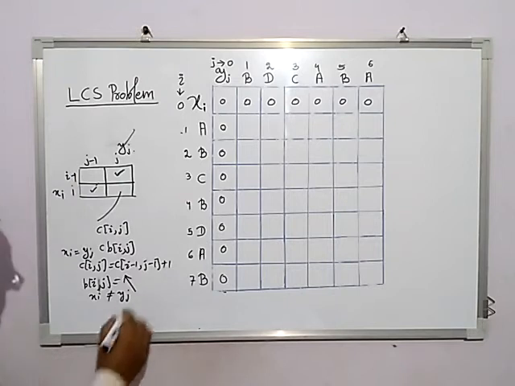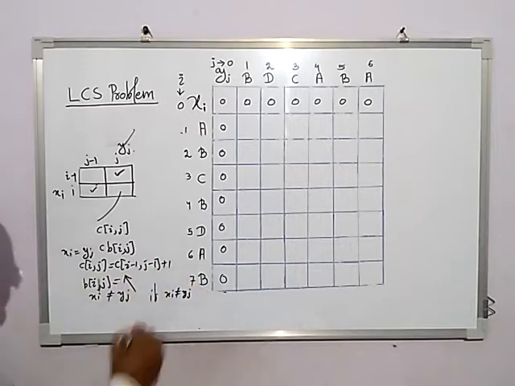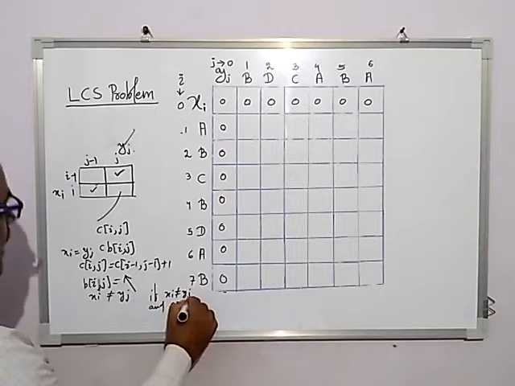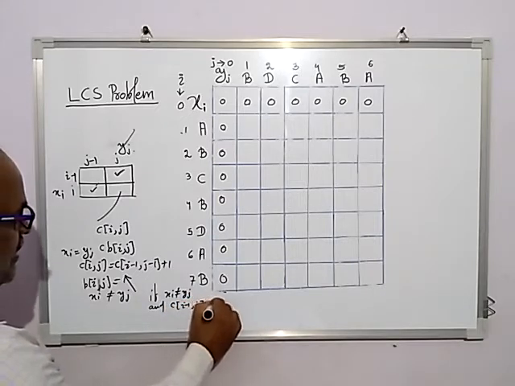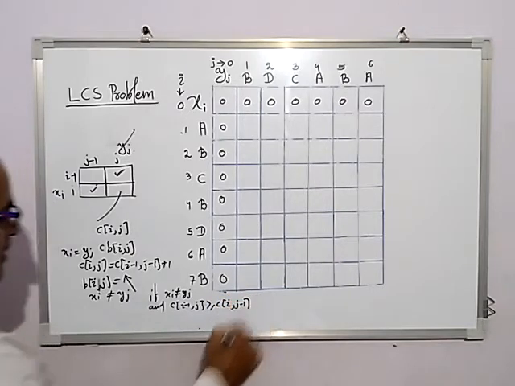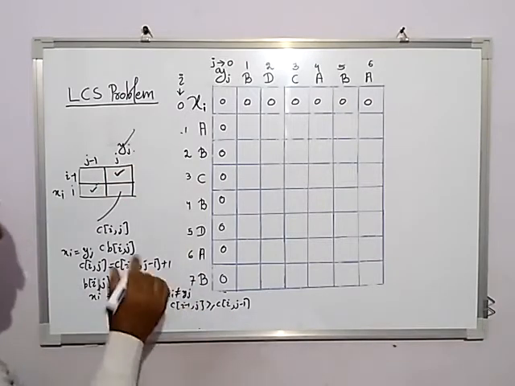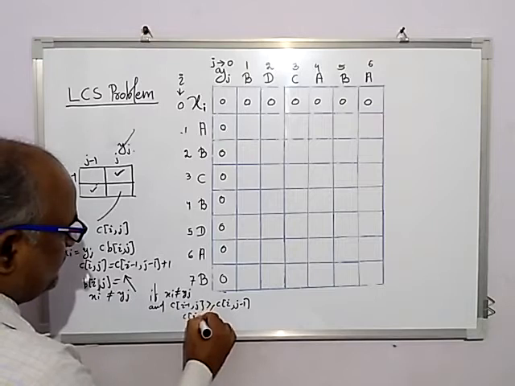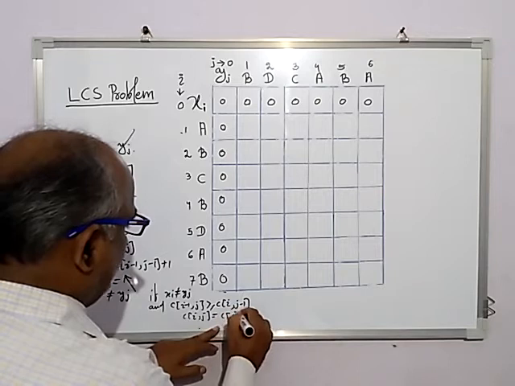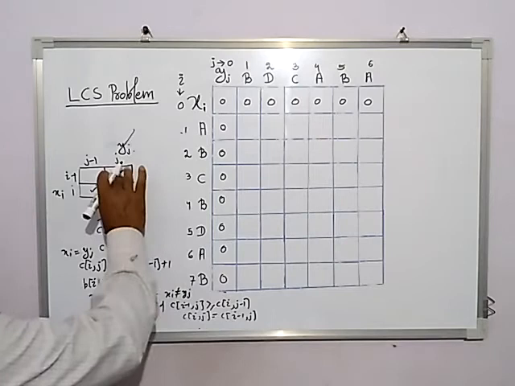That means if xi is not equal to yj and C of i minus 1, j is greater than or equal to C of i, j minus 1. This is the box above, this is the box left. If this condition is true, then C of ij equal to C of i minus 1, j. That means you consider this value here.